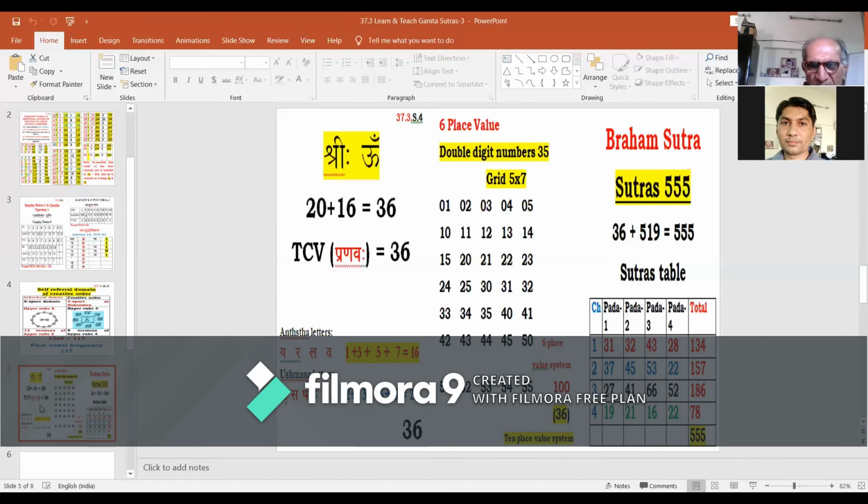Now see, the first triple digit number of the 6-place value system will have the expression 100, and when converted to the 10-place value system, it will be the value 36.